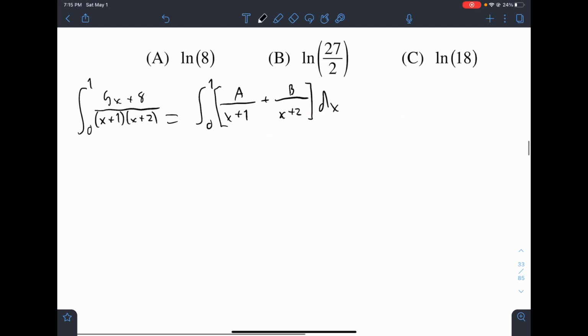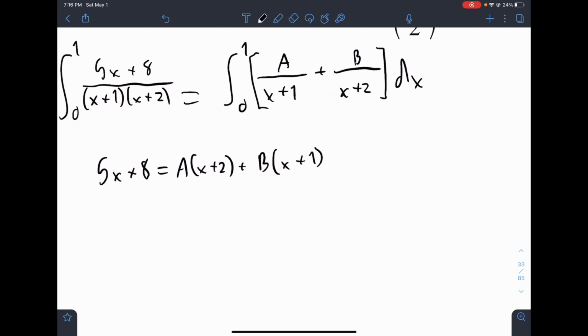That wouldn't change anything. So this will be 5x plus 8 on the left side. Since we're multiplying by x plus 1 times x plus 2, this will equal a times x plus 2 plus b times x plus 1.